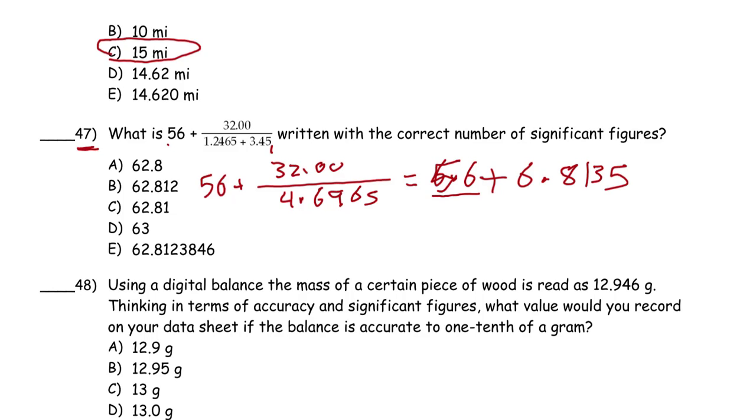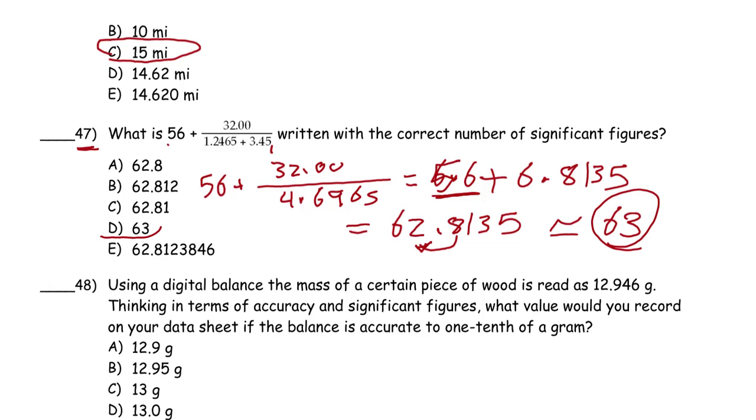Hold on, this number doesn't have any decimal place, so the answer mustn't have any decimal place. Let's make a count. Here is 6 plus 6, 12, 26.8135. This 8 increases 2 to 3. So the right answer is 63. We have here the answer letter D.